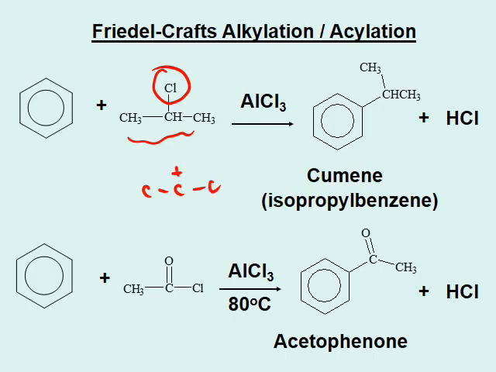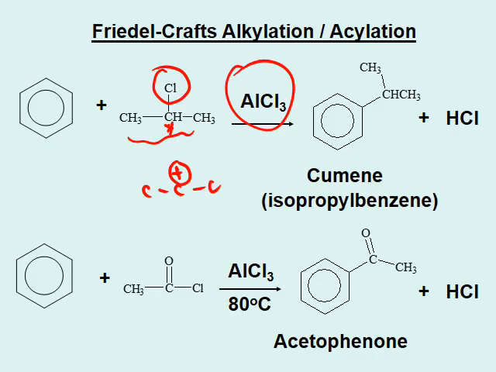Without the hydrogen, I'm showing you this. Now, positive charge is on this carbon, which lost Cl, because Cl goes with AlCl3, and that makes AlCl4 minus. So obviously, plus would be on carbon, and that carbon would get attracted to the benzene ring, just like before.